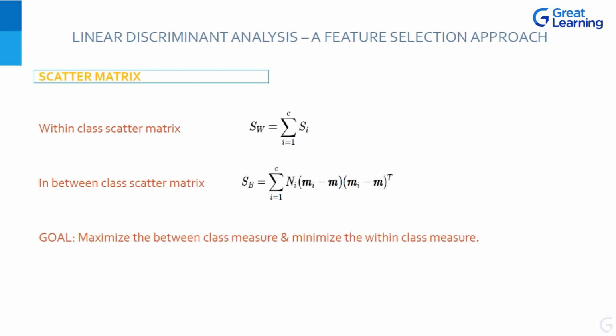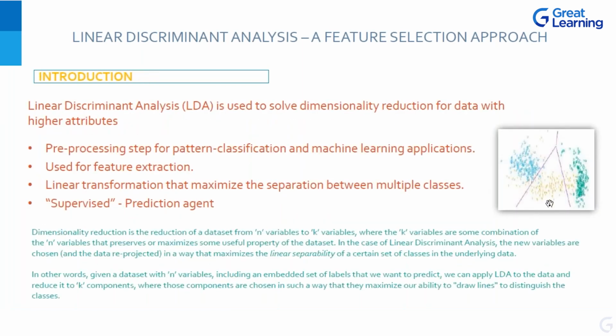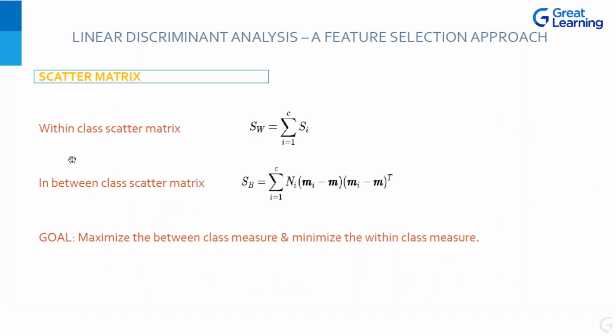What you see in front of you, you can assume to be a simple distance between the scatter matrices, which is, let's say, my one class, this is another class, and this is a third class. So there is something called the within-class scatter matrix, and something which is the between-class scatter matrix.